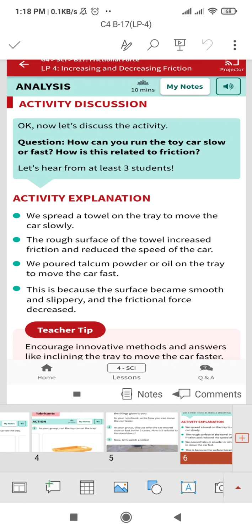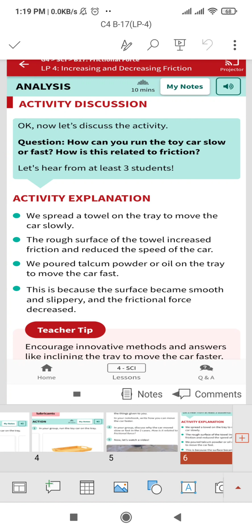So let's discuss. If we want to make the car's speed slow, then we keep the towel or tissue paper on the tray so that we can reduce the speed of the car. And what things help to make the speed of the car faster? We can use talcum powder.